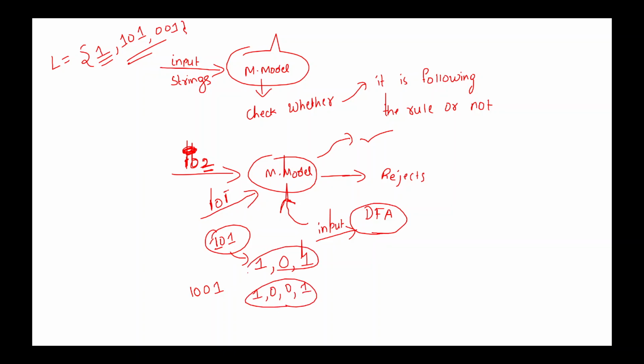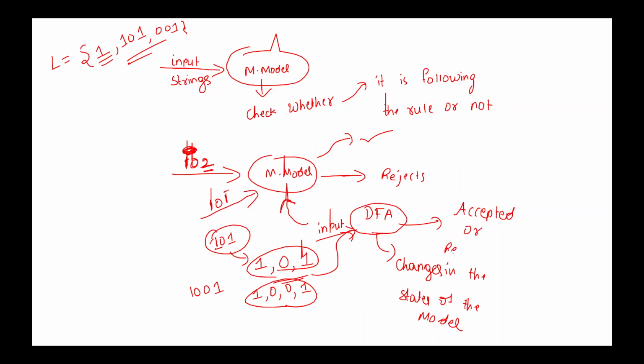In this way, one by one, each symbol is processed in the DFA, and there will be some changes in the states of the model, like transitions, and in the end we say whether the string is accepted or rejected. So that's what we are going to do in this DFA model.